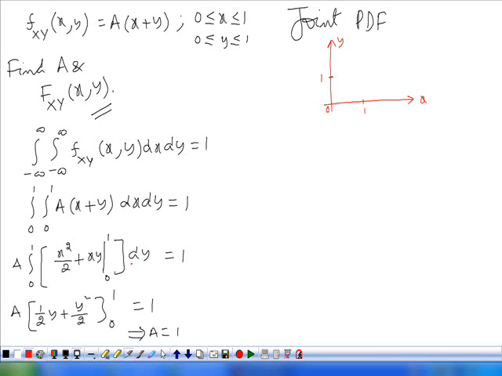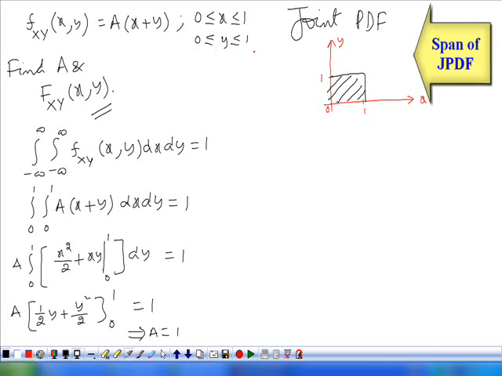So therefore the density function is this one. Is it? Consider the xy plane, x is lying in between 0 and 1, y is also lying in between 0 and 1. So therefore the density function is this region.